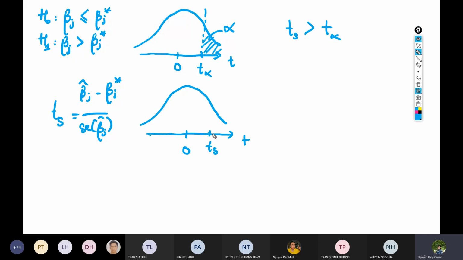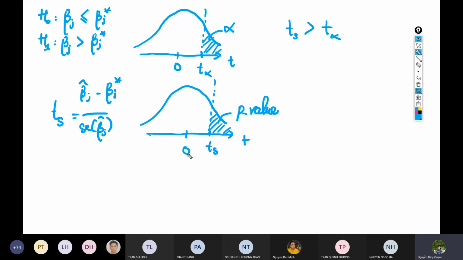The p-value here will be the area to the right of TS. If alpha is the area to the right of the critical value of T, then the p-value will also be the area to the right of the observed value of T. This one is the p-value.